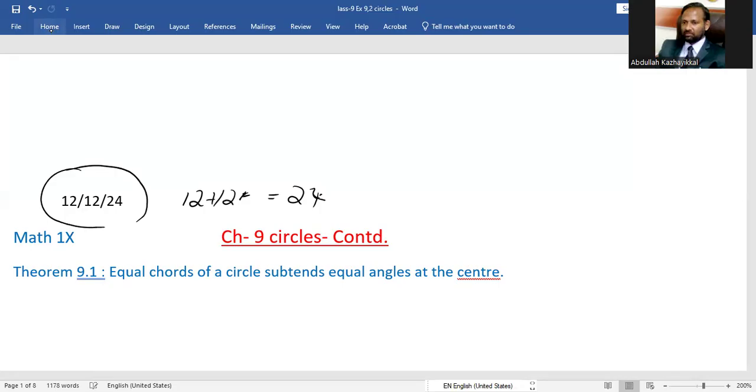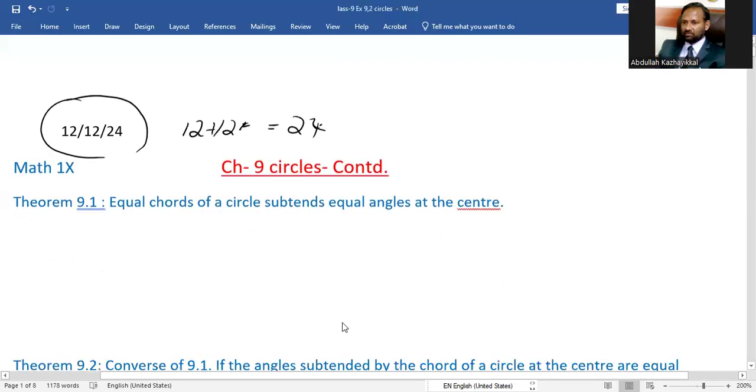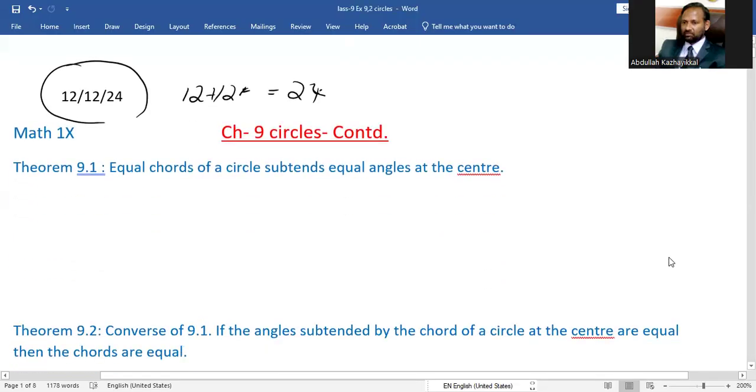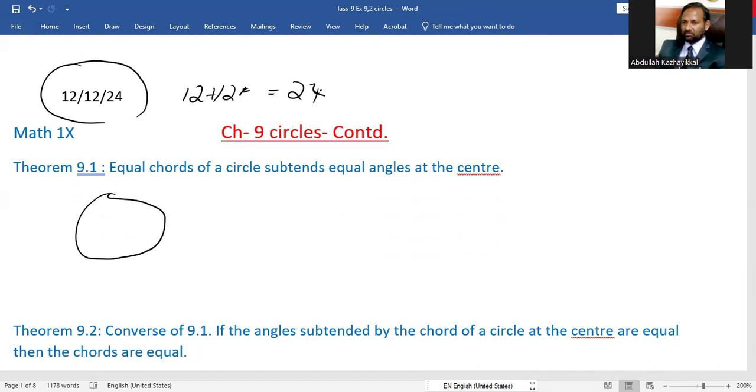Good. Now listen. 9.1: equal chords of a circle subtend equal angles at the center. What is it? It is a circle.